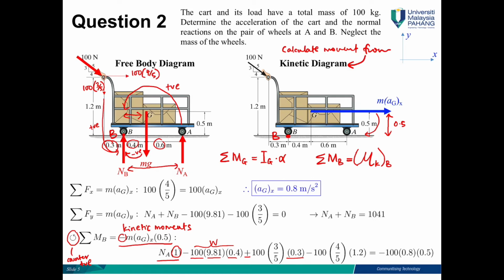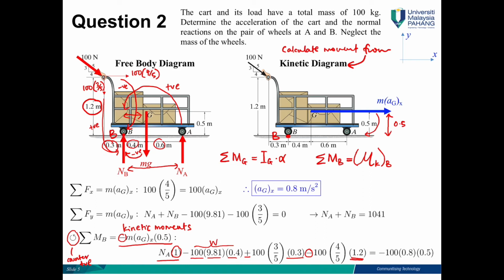This going to point B will be clockwise, therefore this will be a negative moment, and the distance is this 1.2, the vertical distance from this x component of 100 Newton to point B. So minus, because clockwise, 100 times 4 over 5 multiplied by the vertical distance 1.2.